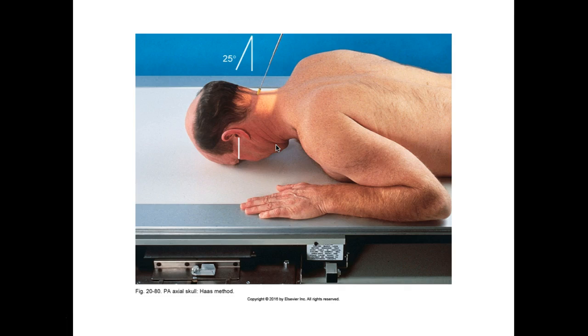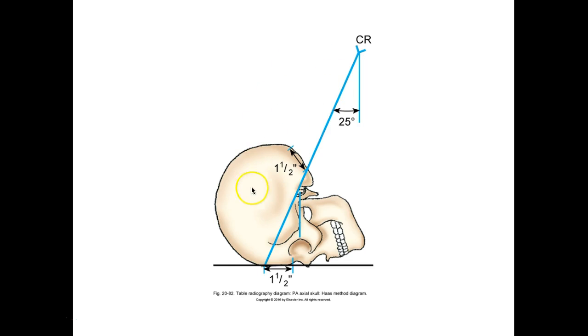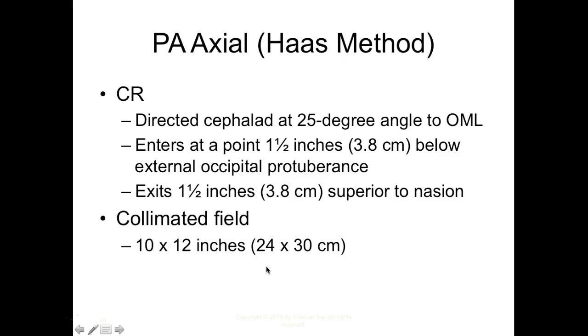Here we go, this is Haas. The patient is prone, or it's a PA. You have your OML, and you're going to go 25 degrees from the OML cephalad. You're going 1.5 inches below the occipital protuberance, exiting the patient 1.5 inches above the nasion.